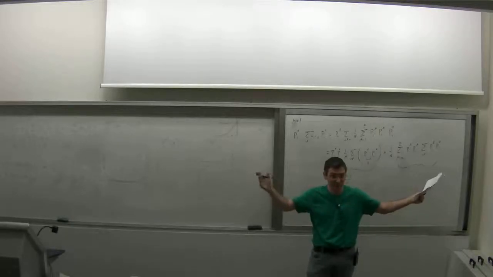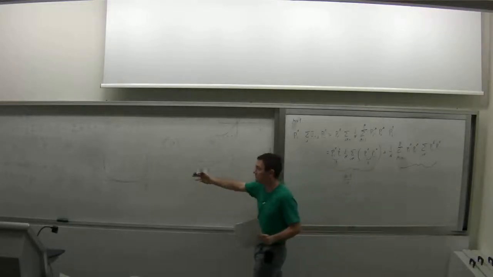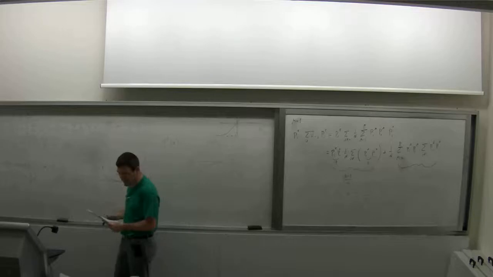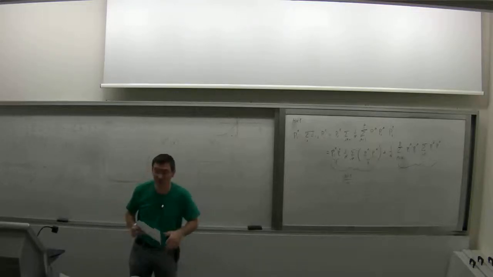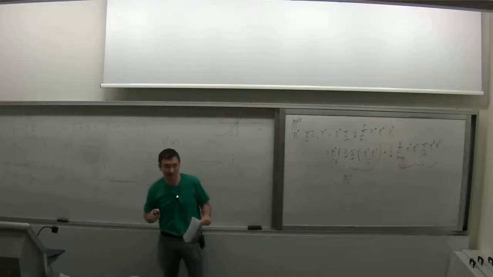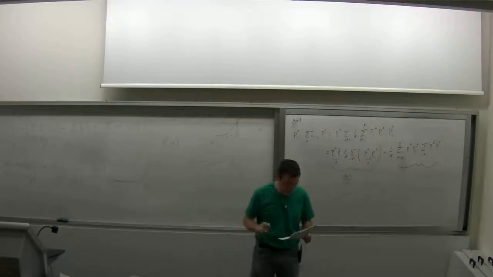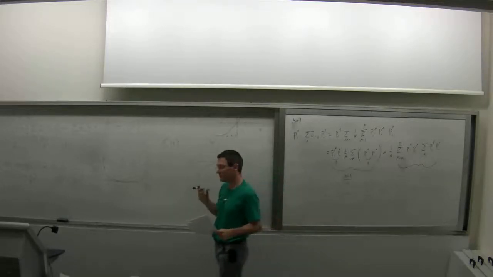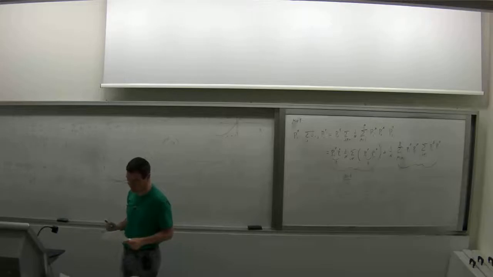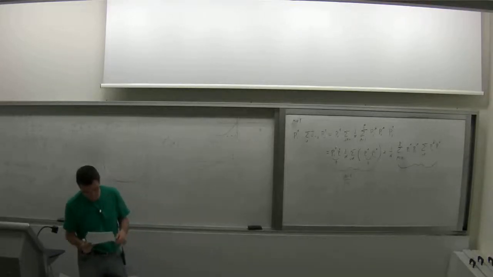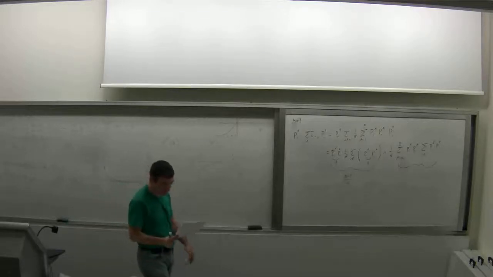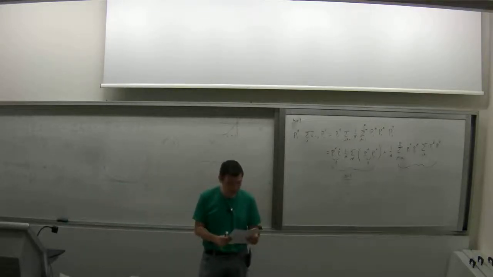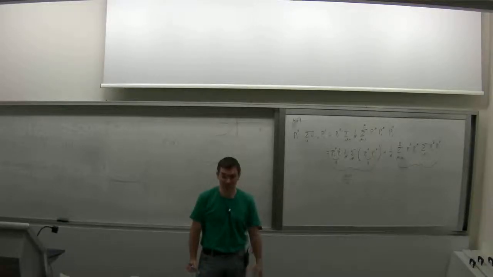We understand the two limits. We understand beta goes to infinity. We understand beta goes to 0. And what we will do, I think, after the break, would be to just have a glimpse of the general case of beta, which is not equal to 0 and not equal to infinity. Intermediate values of beta. Any questions? So let's take a break.